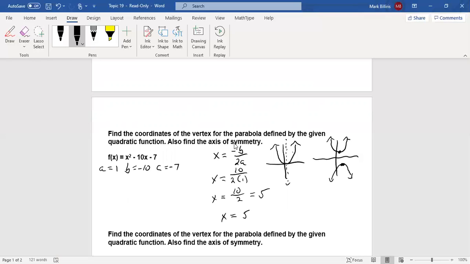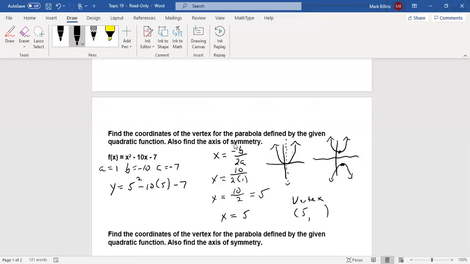Now we need to find the y value of the vertex. So again, our vertex, we found the x value to be 5, which again is our axis of symmetry as well. And now we need to find the y value. So what we do is we take the x value and plug it into x in our original function. So to find our y value, we plug in 5 for x, so this becomes 5 squared minus 10 times 5 minus 7.